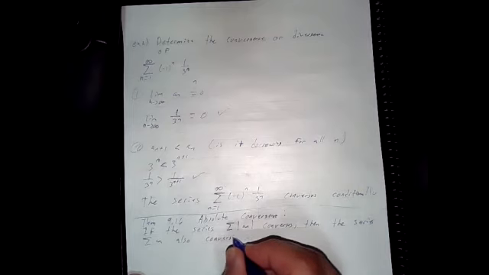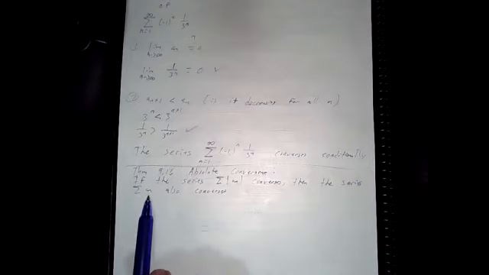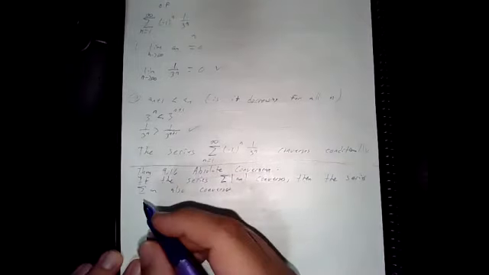So basically what you're going to do is take an absolute value of the whole thing, and look at the AN part without the alternating piece. Okay, let's get some more details here.